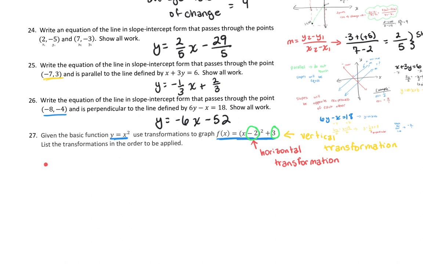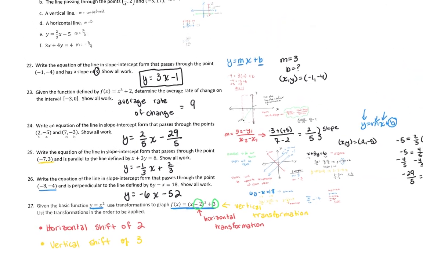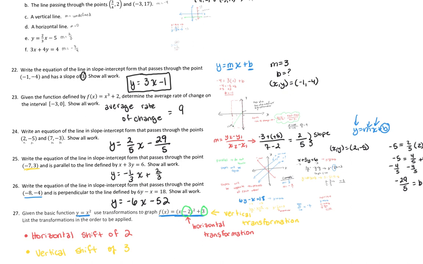So we have a horizontal shift of 2, and then for our vertical shift, we are moving 3 units. And we're moving +3 units and +2 units. So let's see what that will look like if we graph it.